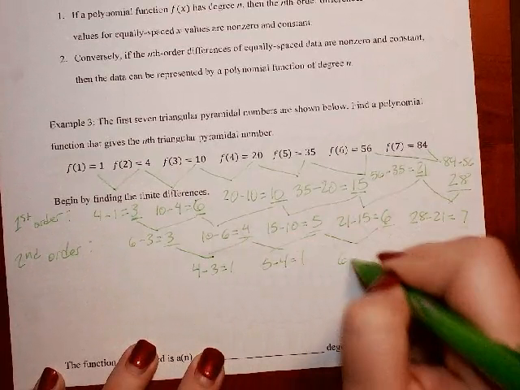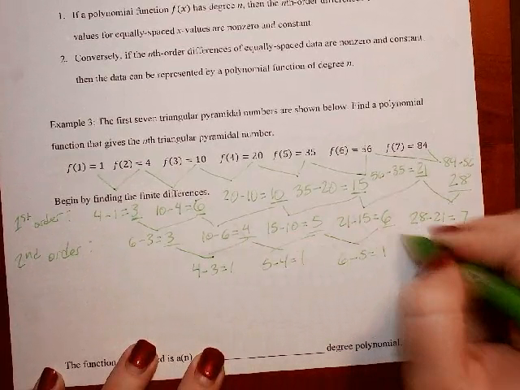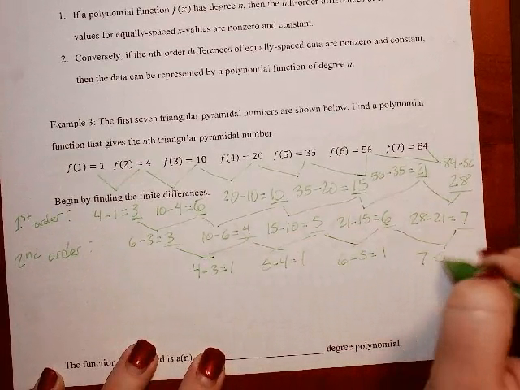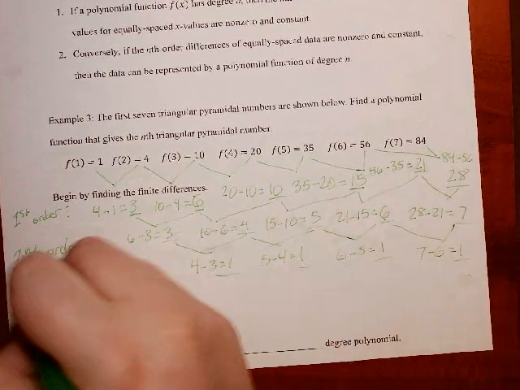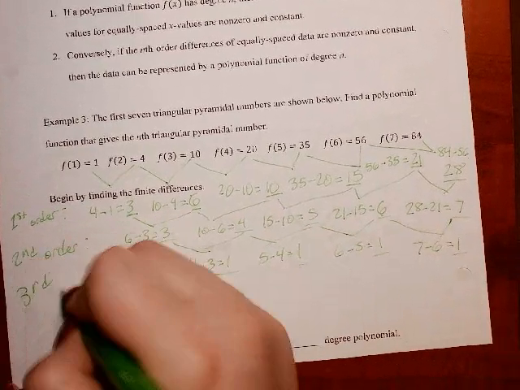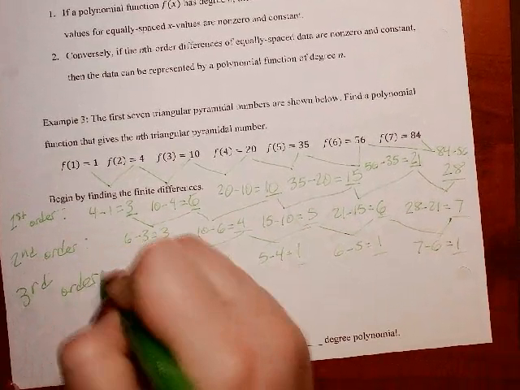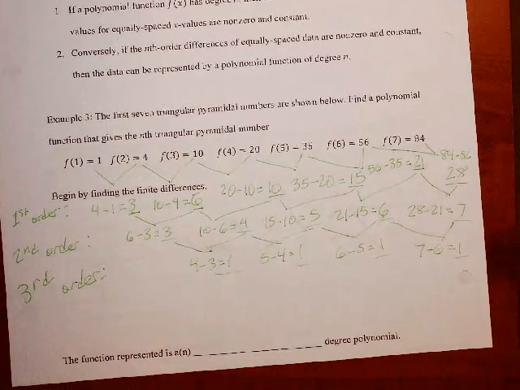So 1, 1, 1, 1. So that's our third order. Okay, so now we know that we're going to have a third order, or third degree polynomial.